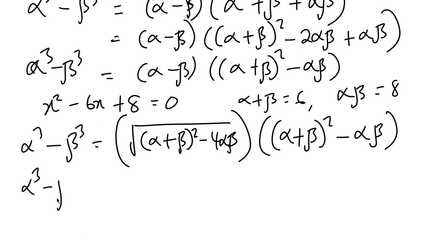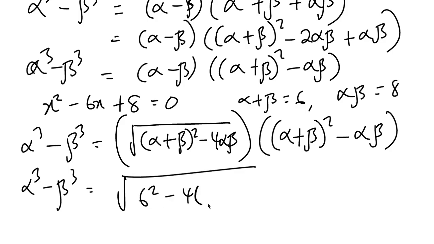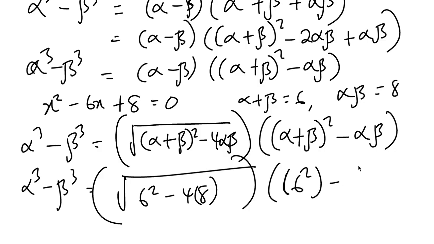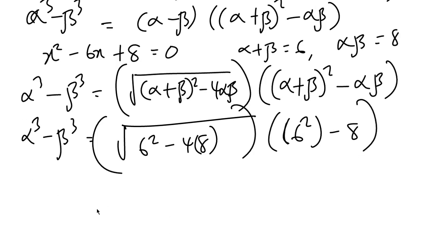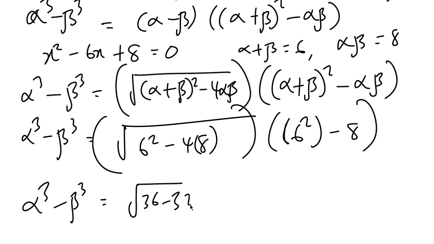So on direct substitution, we'll have the square root of alpha plus beta, which is 6 squared minus 4 into 8, right? That's into alpha plus beta all squared, which is 6 squared, negative alpha beta, which is 8. So alpha cube minus beta cube is equal to the square root of 36 minus 32, right?